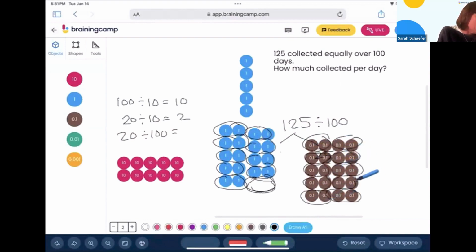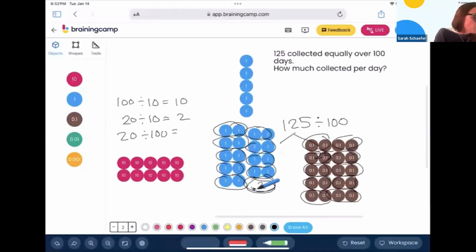Did I count wrong there? 1, 2, 3, 4, 5. Yeah, okay, we've got 10 groups. So just this part, in each group we have this amount, but we've got 10 of those groups. Yeah, so we have to decompose that.